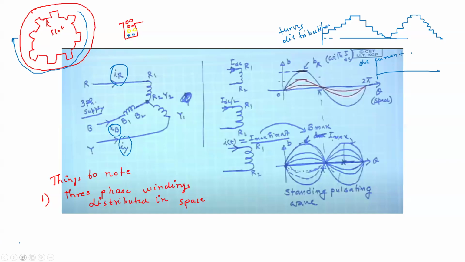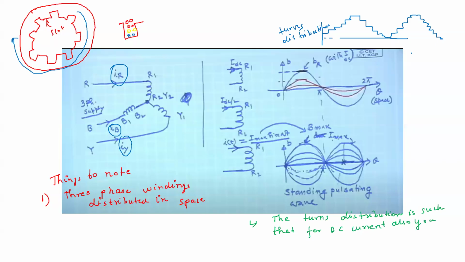For DC current also, due to this distribution of turns, which is sinusoidal, you will get a sinusoidal MMF. This you have to understand.